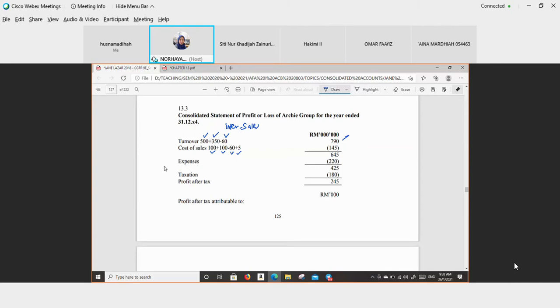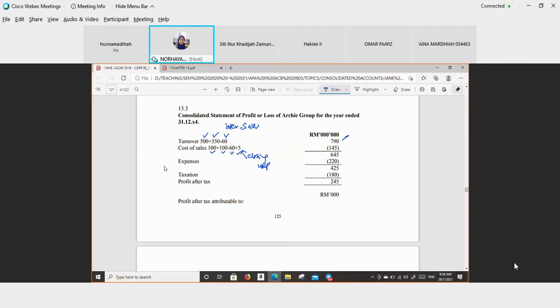If I'm not mistaken, we have discussed one of the example in your textbook. Okay, when you have unrealized profit from the opening stock, then you have to minus. Take note ini ialah from the closing URP. Okay, then you have to add back.